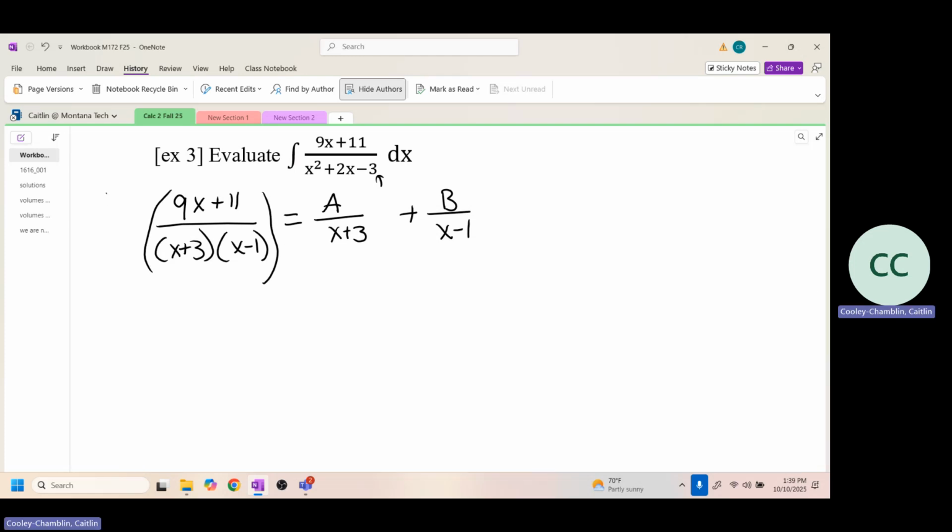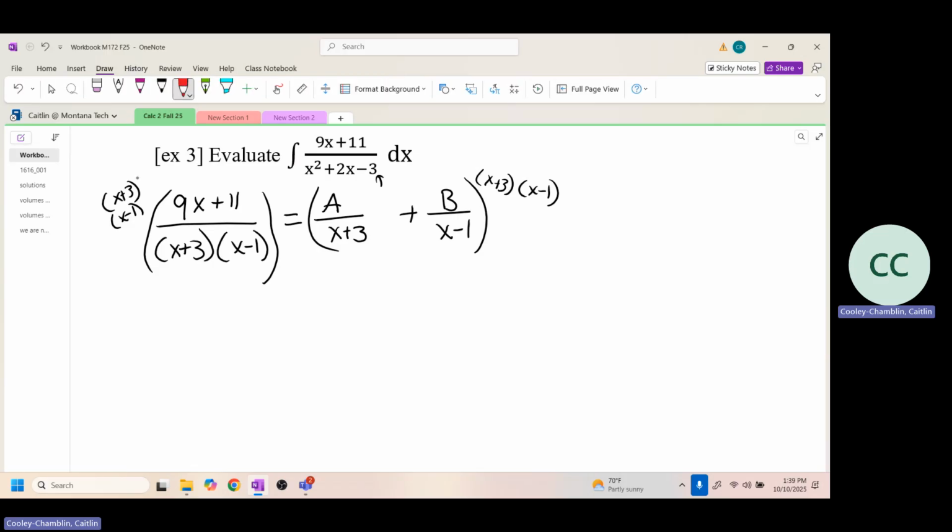So I'm going to multiply by x plus 3, x minus 1 on this side, and x plus 3, x minus 1 on this side. I do like writing this step out so you guys can see what's going on. Okay, x plus 3, x minus 1, those cancel.